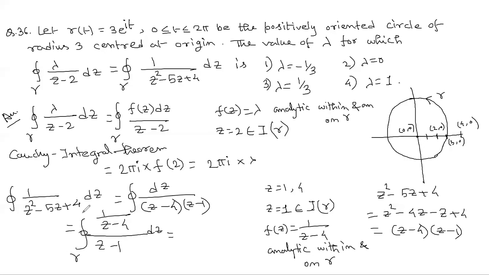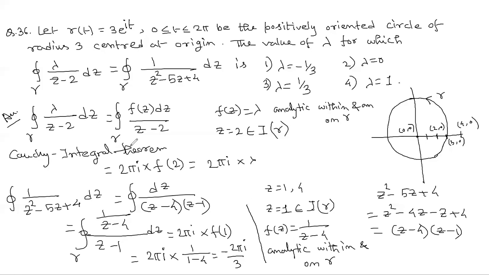So here using Cauchy integral theorem, we can see it is 2 pi i times f(1). So here 2 pi i times f(z), which is 1 by z minus 4, that is 1 minus 4. So it is minus 2 pi i by 3.